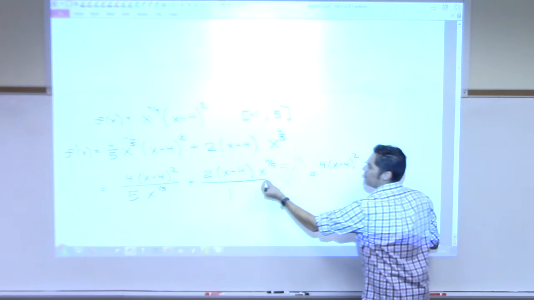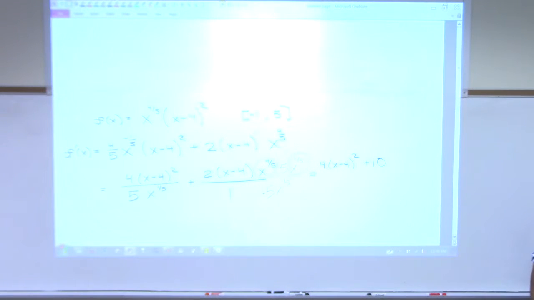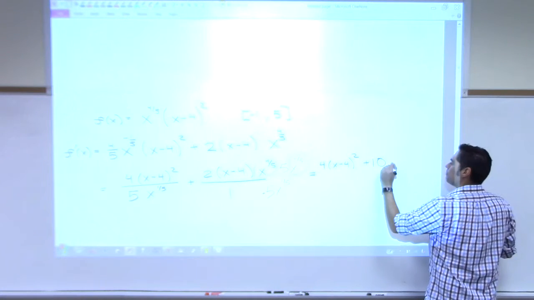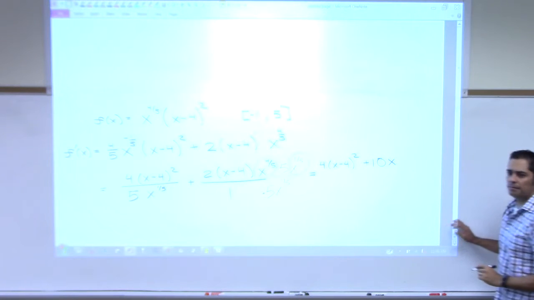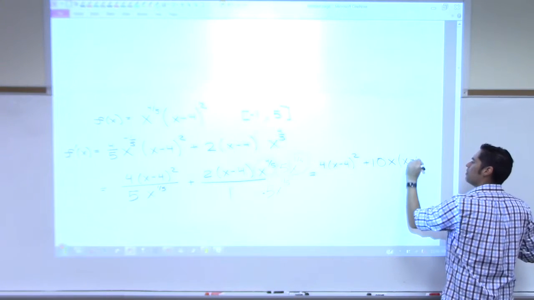How about x to the 4/5 times x to the 1/5? Add the exponents. So it'd be x to the 5/5, which is 1, which is x. See that? And then we still have what up there? x minus 4.